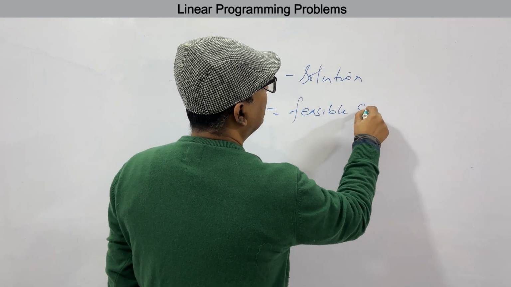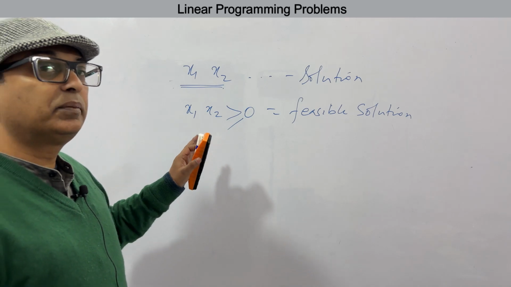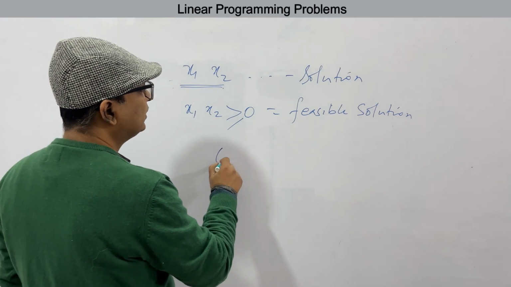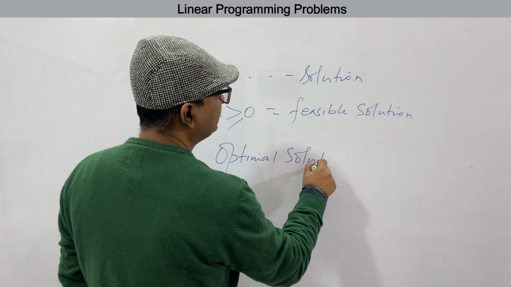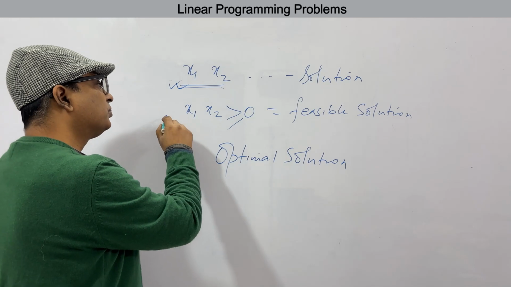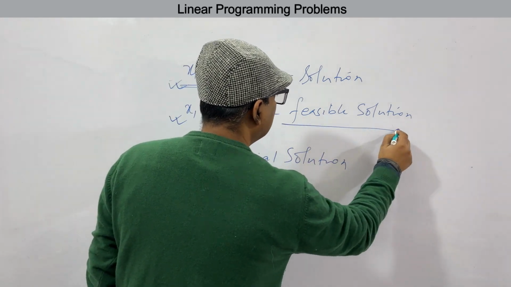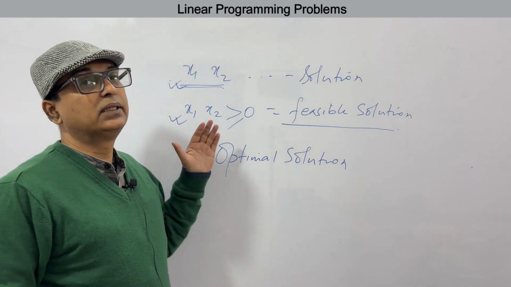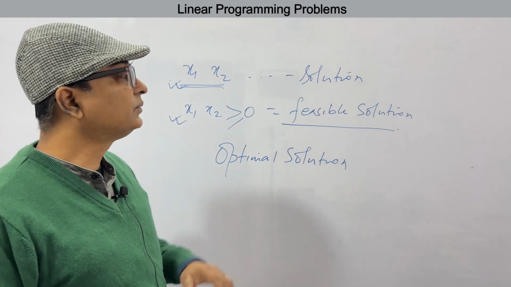And from these feasible solutions, when we are able to maximize or minimize the objective function, that is called the optimal solution. So these are the terms you should understand. Any type of solution is solution, but when they are positive, that is feasible solution. And from such a set of feasible solutions, when we are able to maximize or minimize the objective function, that is called optimal solution.